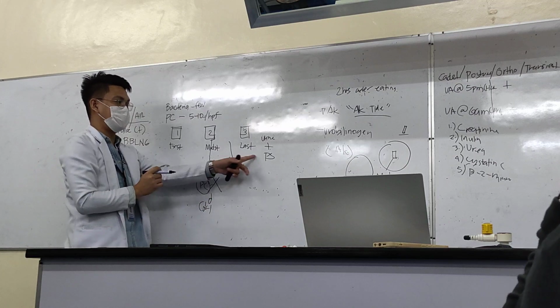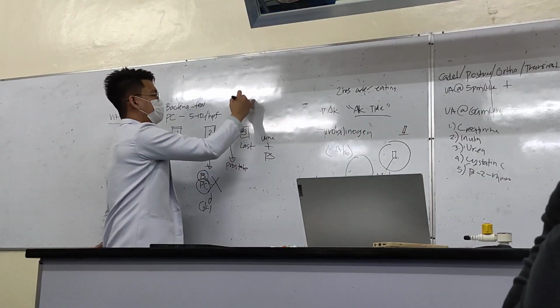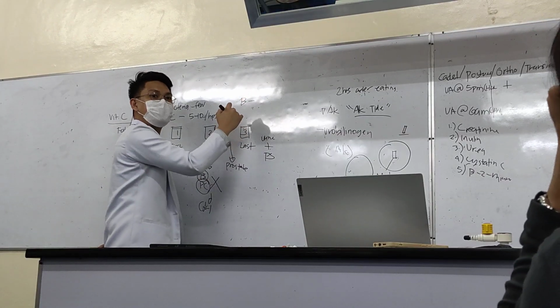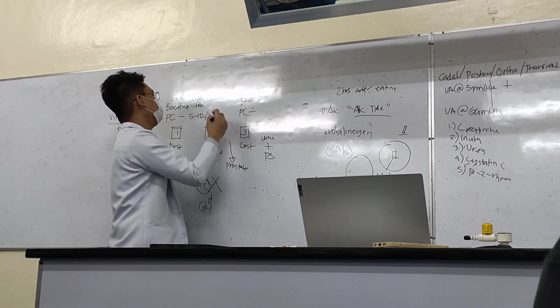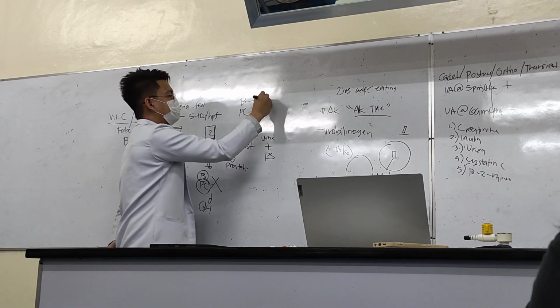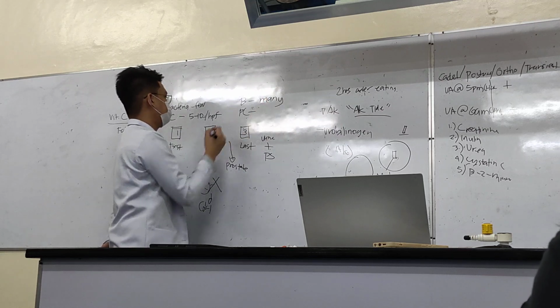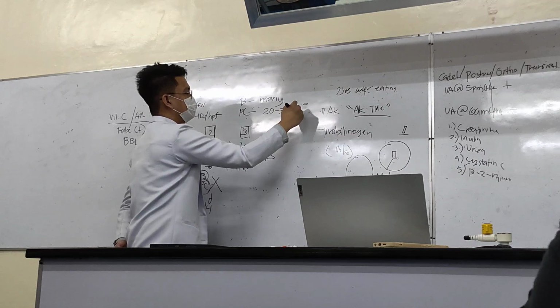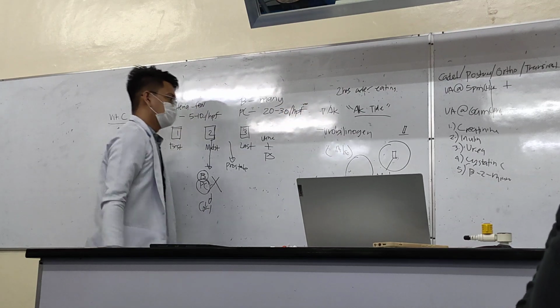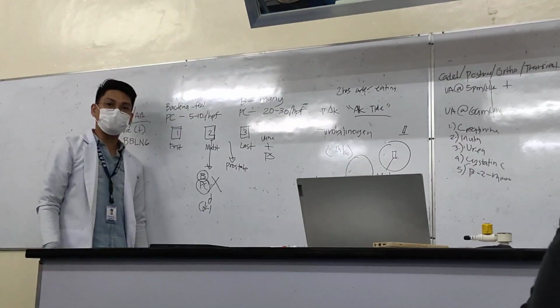Now, on the last portion, there is bacteria present and there are WBCs present. Let's say the bacteria reporting is many, and the WBCs are 20 to 30 per high power field. If this is your result, the patient has a prostate infection.